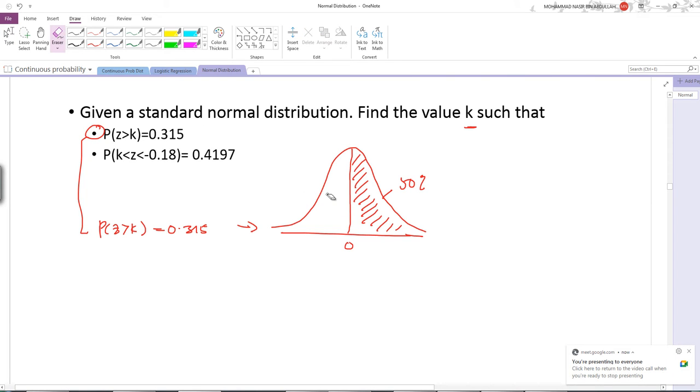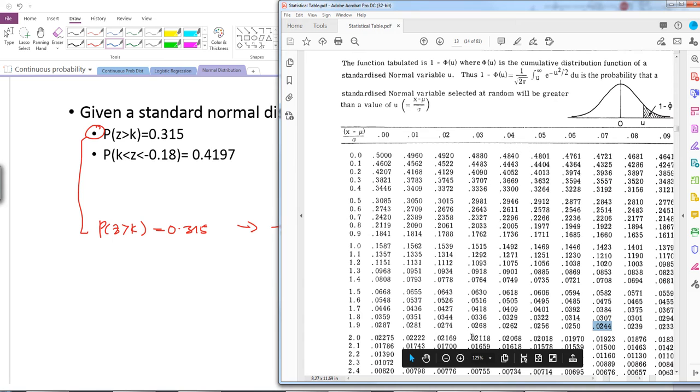Right? So in this example, what it wants us to find is the area on the right hand side which covers 0.315, and this is the value of k, right? So to find the value of k, we look in the statistical table.